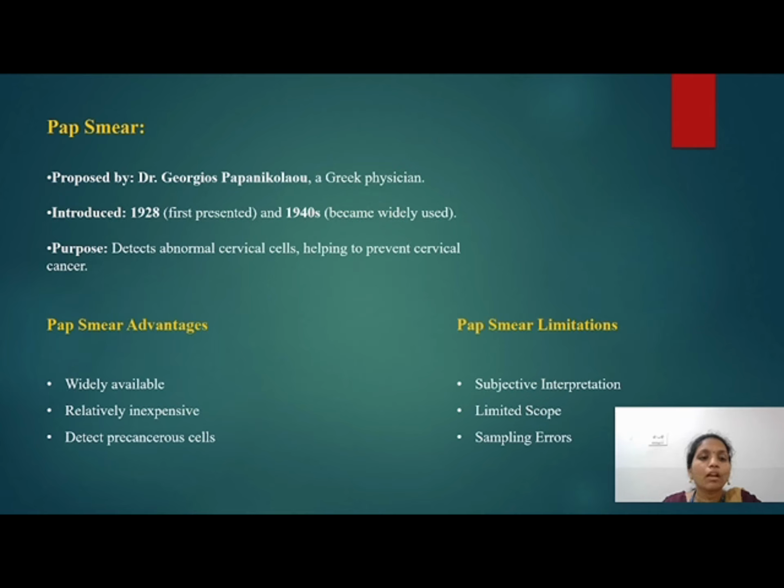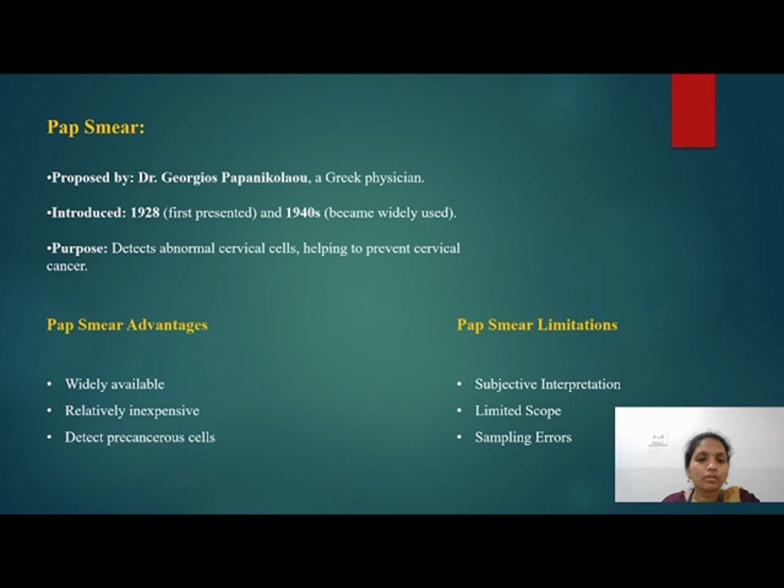Pap smear, also known as Papanicolaou test. A healthcare provider collects the cells from the cervix using a small brush or spatula. These cells are then examined under the microscope to detect abnormal changes such as precancerous or cancerous cells.